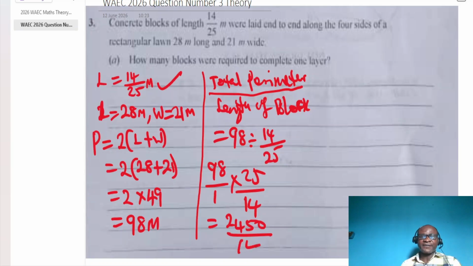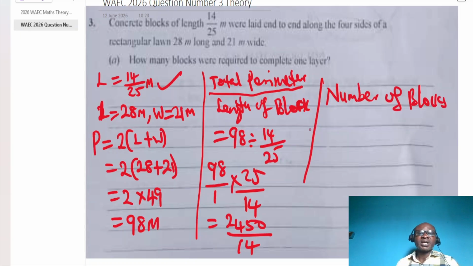Then divided by 14, that is 175. It means that the number of blocks required to complete one layer is equal to 175. This is the correct answer to question number 3A.